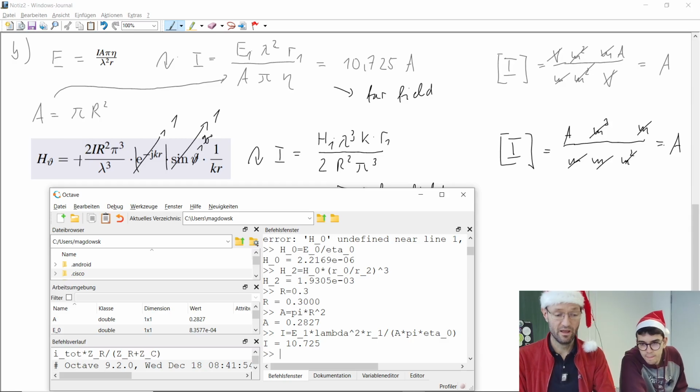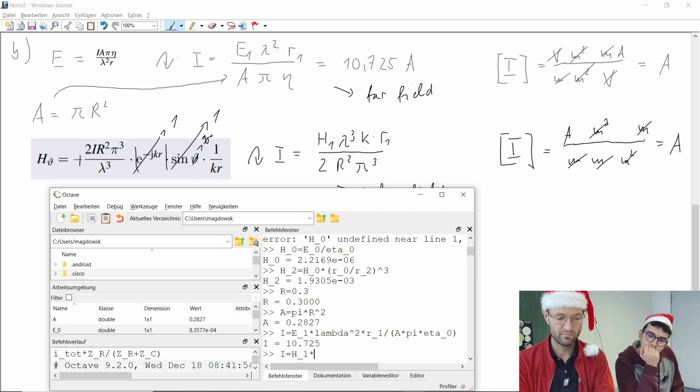So let's go back to Octave and say, okay, the current should be also H1 multiplied with lambda to the power of 3 multiplied with k. I think we don't have k yet, but let's still continue to type this formula. Divided by 2 times the radius squared multiplied with p to the power of 3.